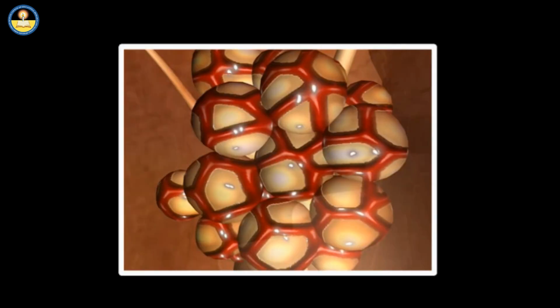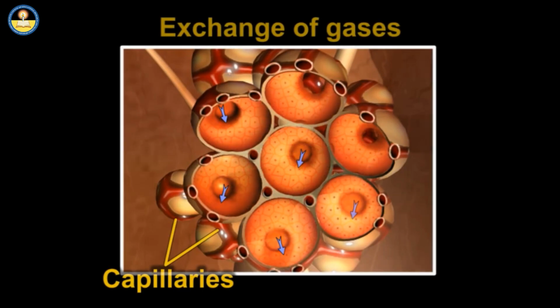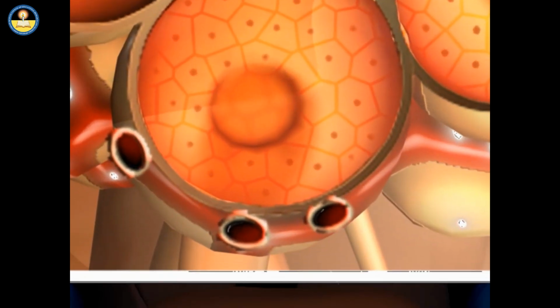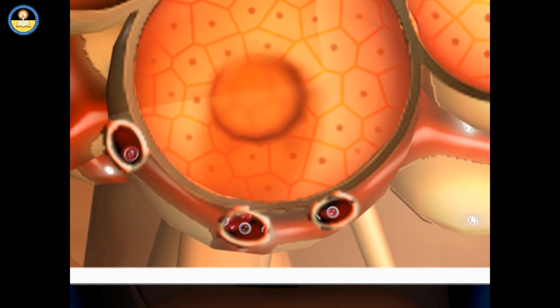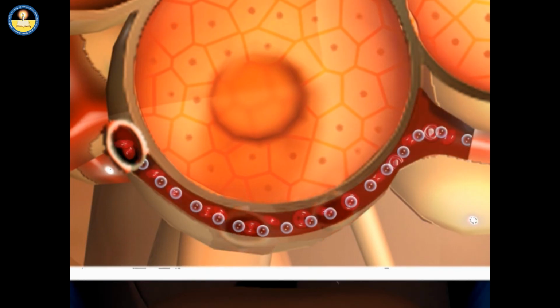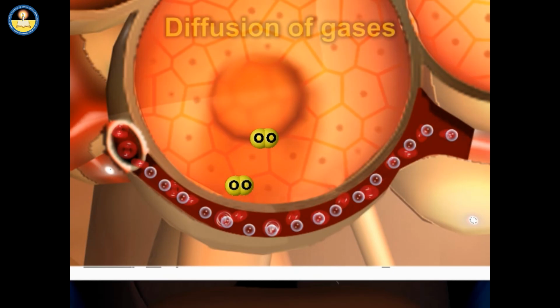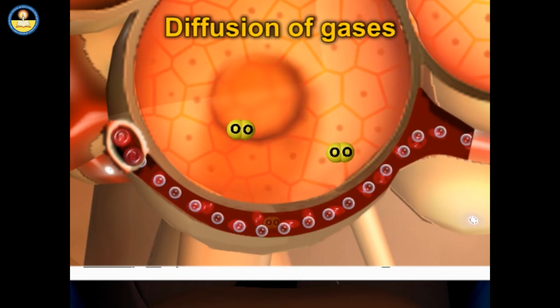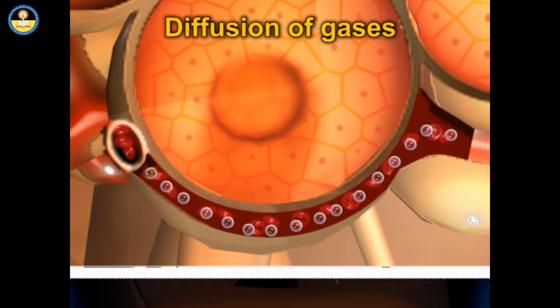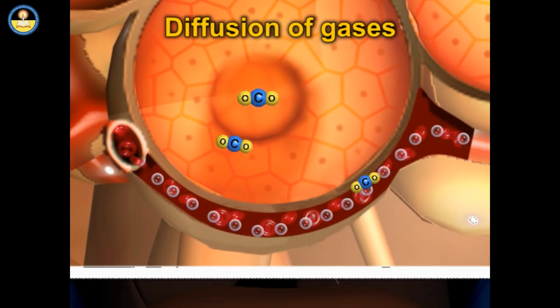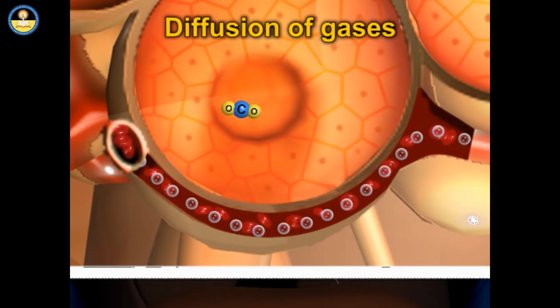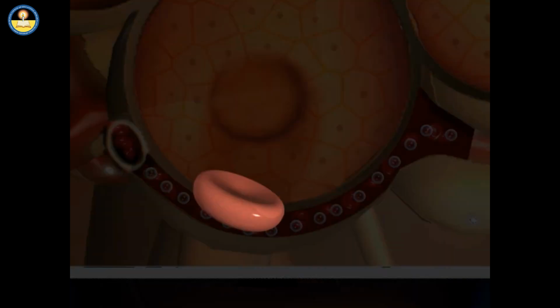Each alveolar sac is surrounded by blood capillaries. Gaseous exchange occurs between the air that reaches the alveoli and the surrounding blood capillaries. Oxygen diffuses across the alveolar wall and enters the bloodstream, while carbon dioxide diffuses from the blood to the alveoli.